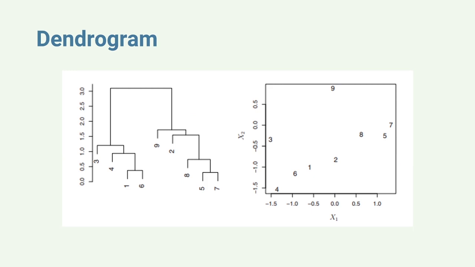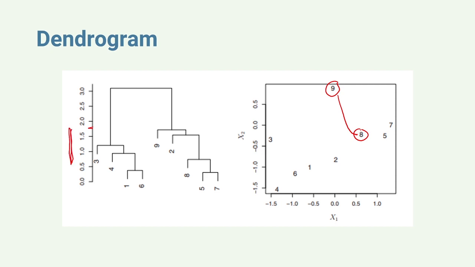Let's look at this in more detail. Here's a smaller example. On the right, you see the scatter plot of the points, and on the left, the dendrogram. Let's look at point 9. Point 9 is closest to point 8, right? And if you look at the height here, the distance from 9 to 8 is right there.